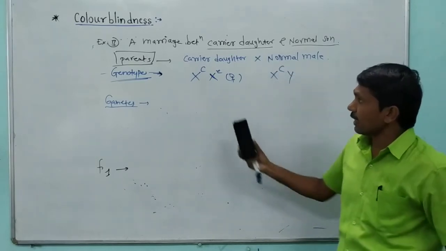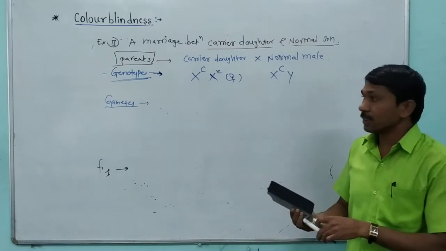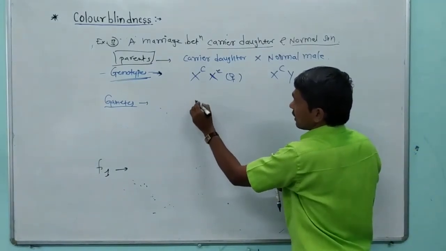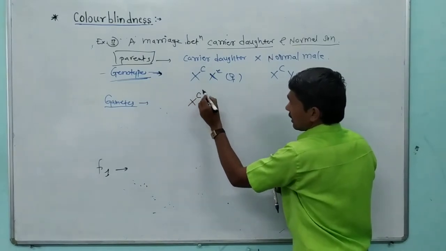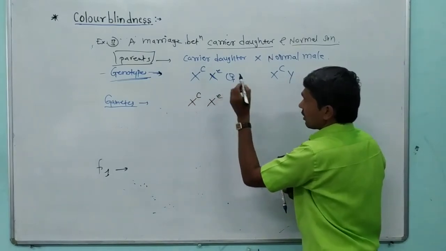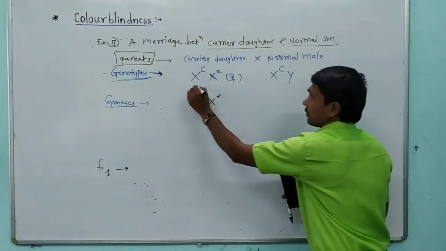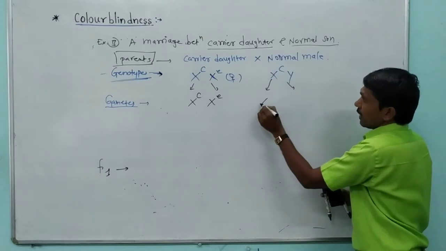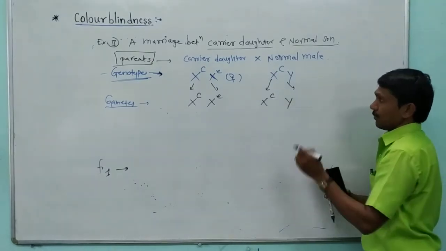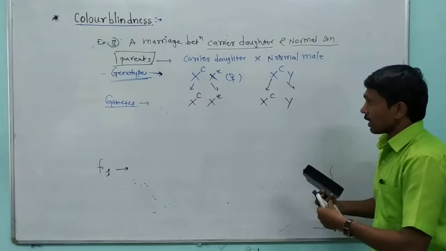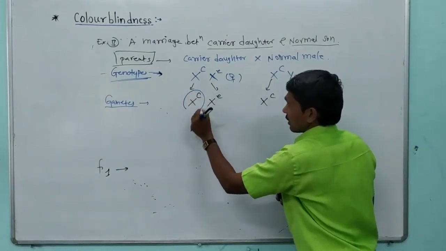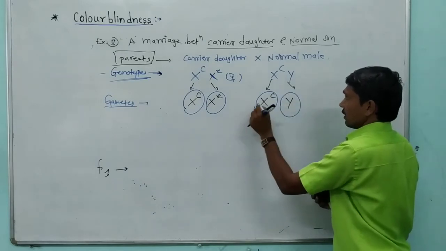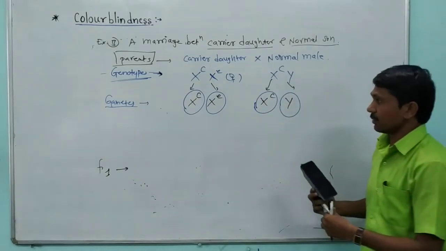Okay, right there the gametes from those traits. So here the gametes are X C and X small c. Then here also write their gametes, X capital C and only Y. So draw rounds for the gametes like that and cross the gametes.